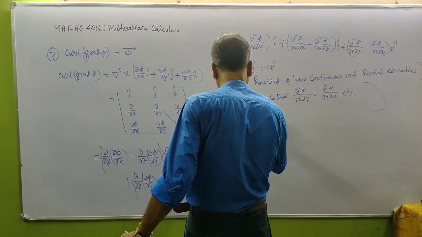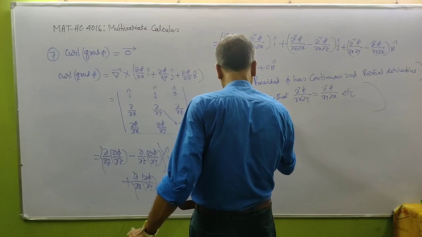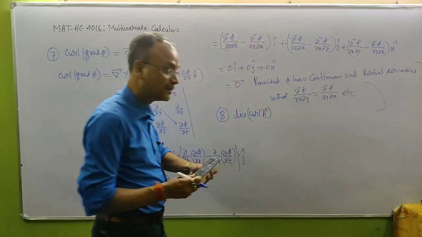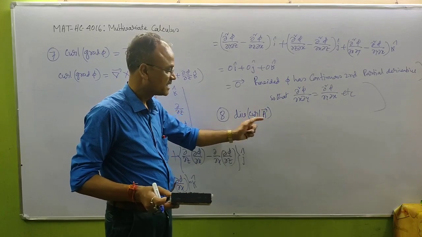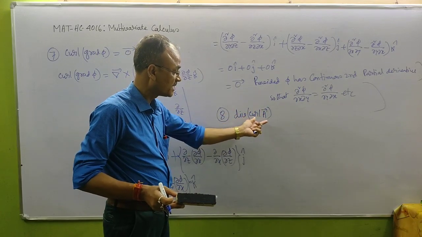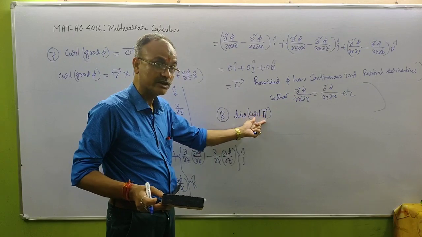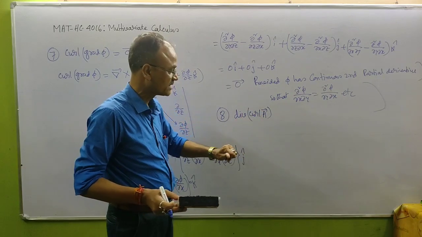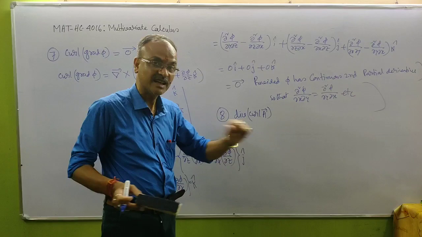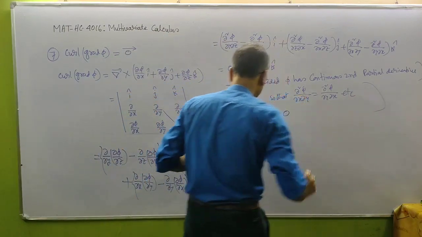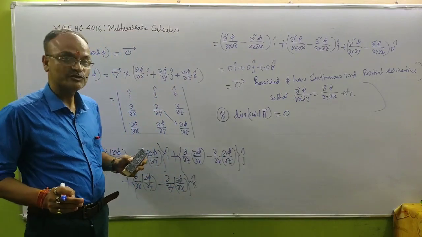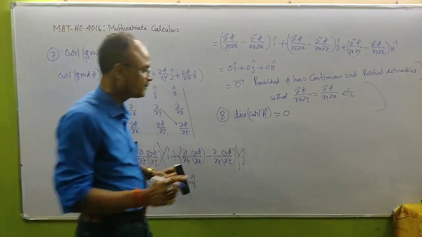Divergence of curl A vector, what will this be? A vector is a vector quantity. The curl of the A vector will again be a vector quantity. Divergence of this will be a scalar quantity, but that scalar quantity will be equal to 0. Divergence of curl A vector will be equal to 0.